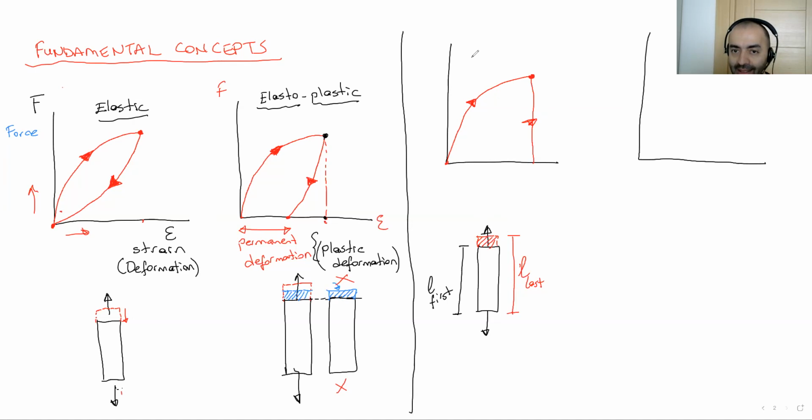So we call this deformation permanent deformation. How do we call that? Plastic deformation. The name of this behavior comes from this plastic. So it's a plastic behavior.